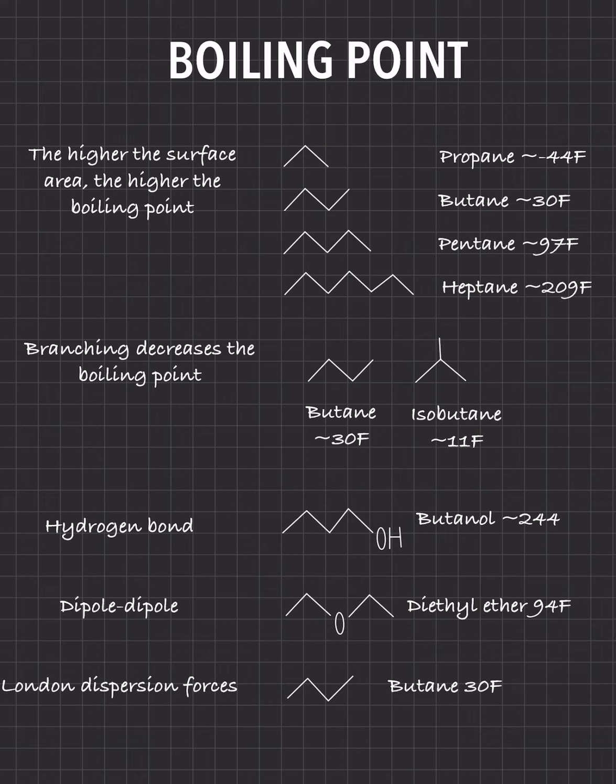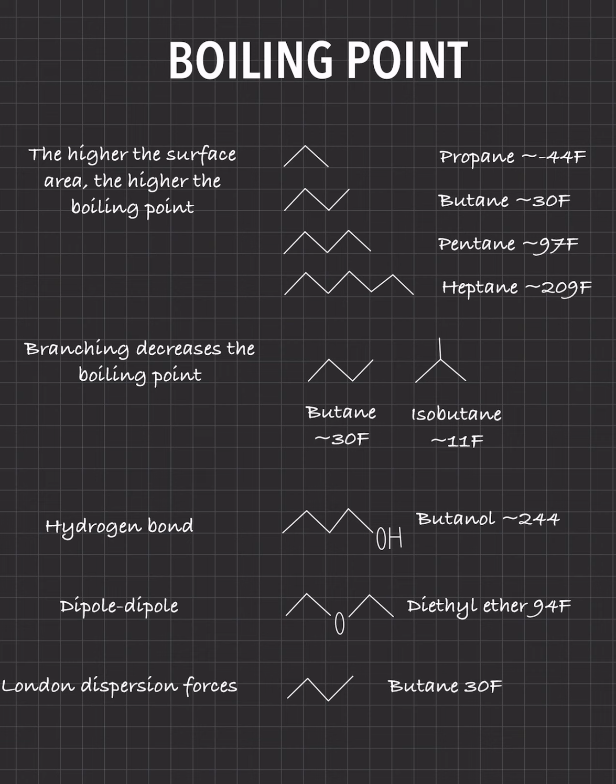Now, one last comment. Sometimes on exams, they're going to say, I want you to give me the vapor pressure. Pro tip, do it in terms of boiling point first, and then you're going to thank me. Why? Because boiling point and vapor pressure are opposite. If you have a high boiling point, you have a low vapor pressure. If you have a high vapor pressure, you have a low boiling point.